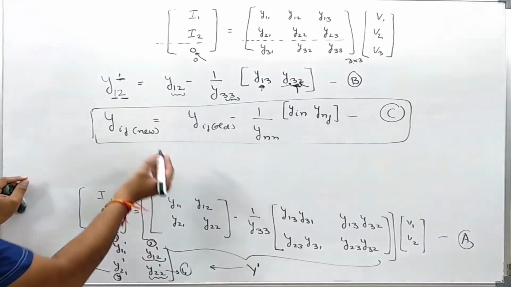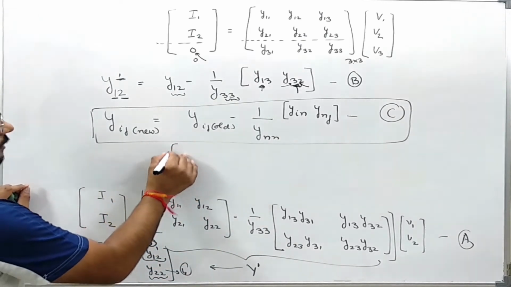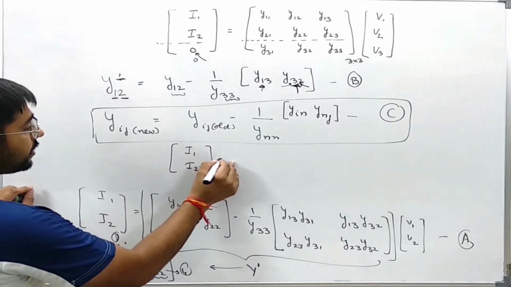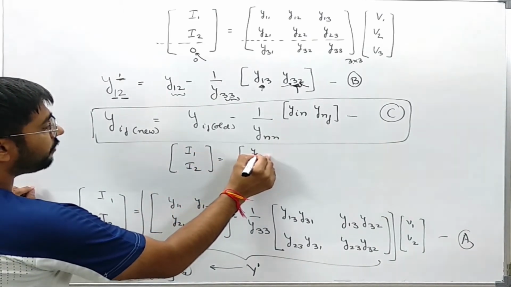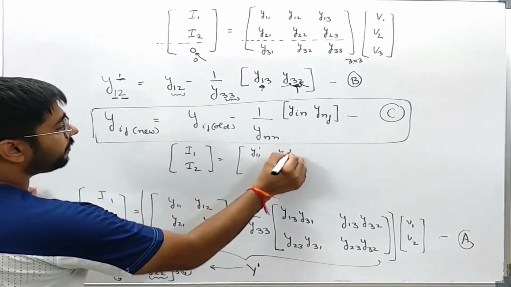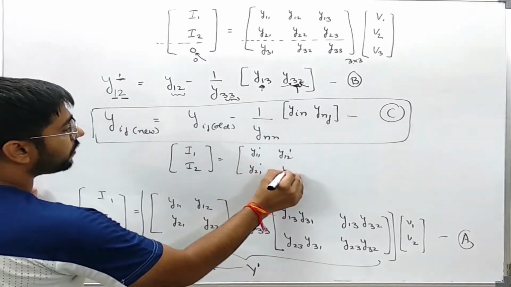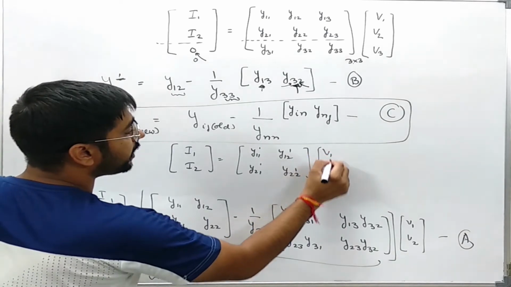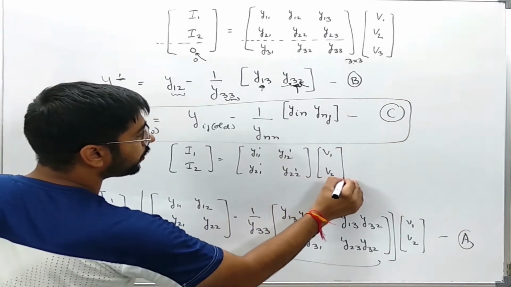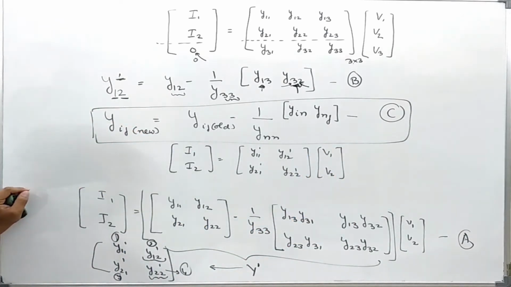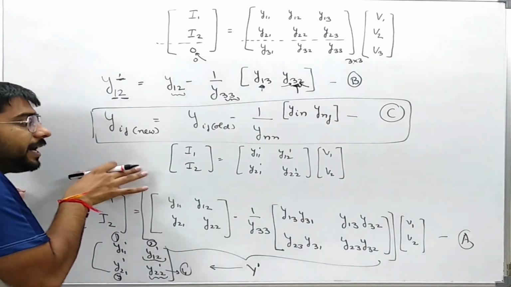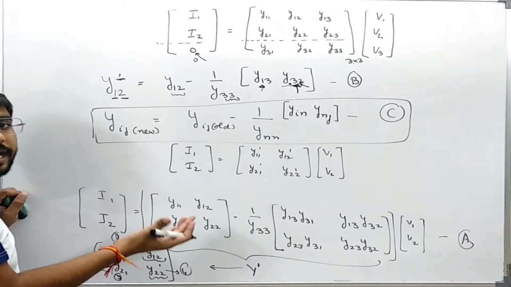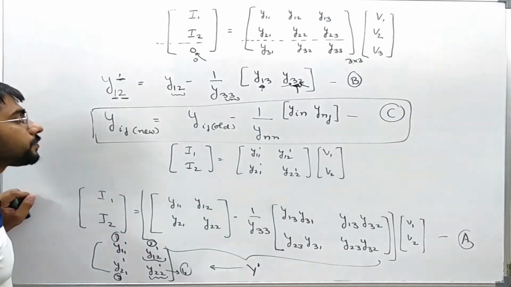And accordingly, the final nodal equation will become I1, I2 is equal to y11 prime, y12 prime, y21 prime, y22 prime into v1, v2. Okay, so here we have eliminated the bus number 3 which was not having any current source connected to it.